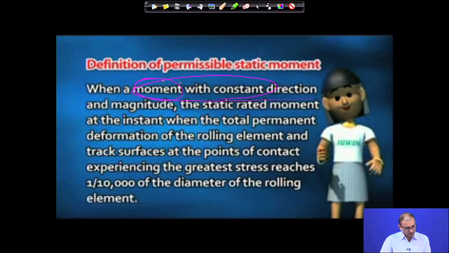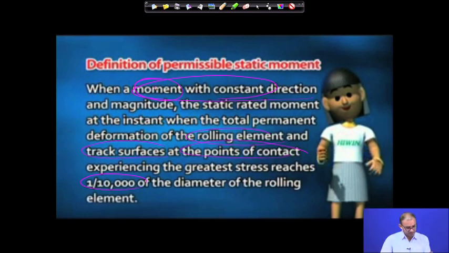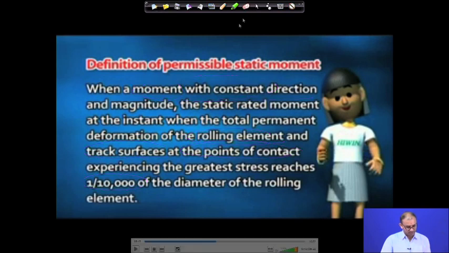So, now it is concentrated to the moment. Under this particular condition, if the total deformation of the rolling element or the track surface at any point of contact experiencing the greatest stress reaches 1 of 10,000 of the diameter of the rolling element. So, same definition, but there is a difference in the content. Here we are talking about moment, and in the earlier case we were talking about the static load.